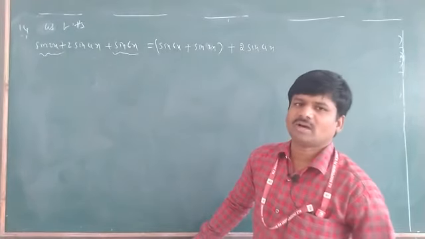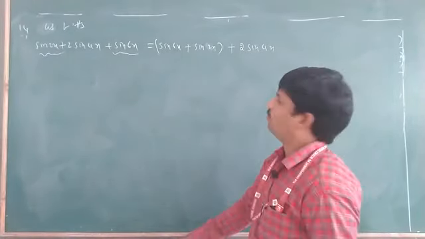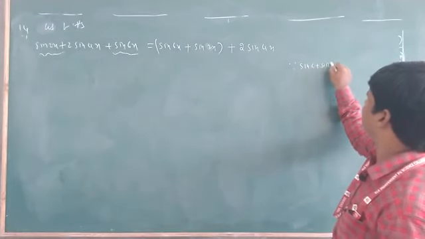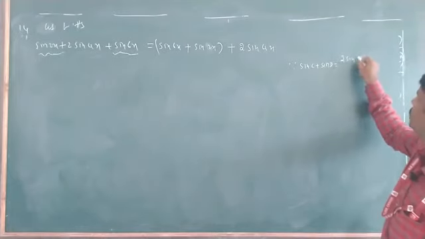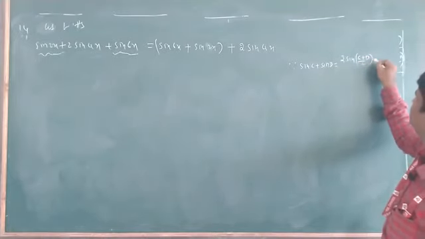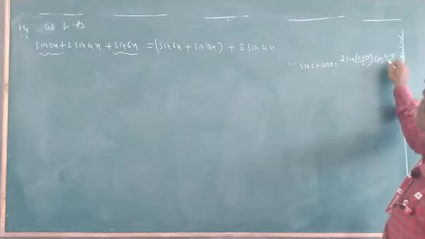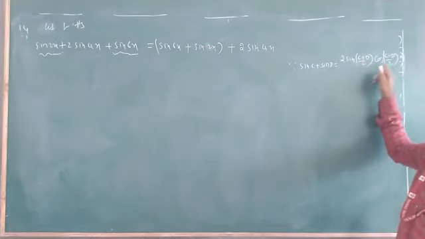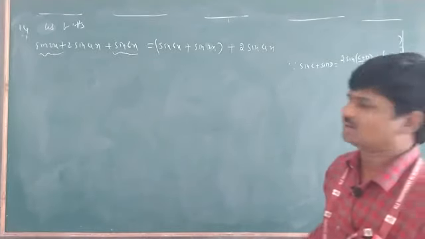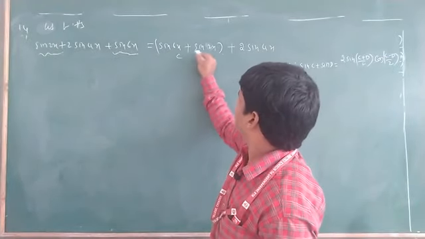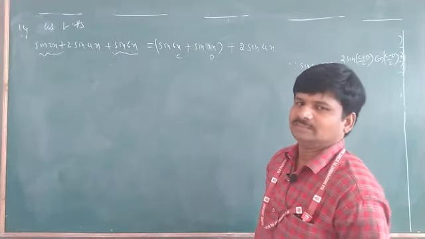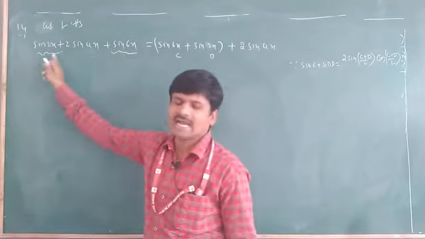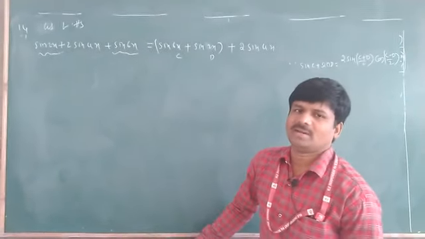The formula of sin c plus sin d is 2 sin of (c plus d) by 2 times cos of (c minus d) by 2. Can we apply the formula here? Yes. So to convert into this formula, I kept these two terms in one bracket.